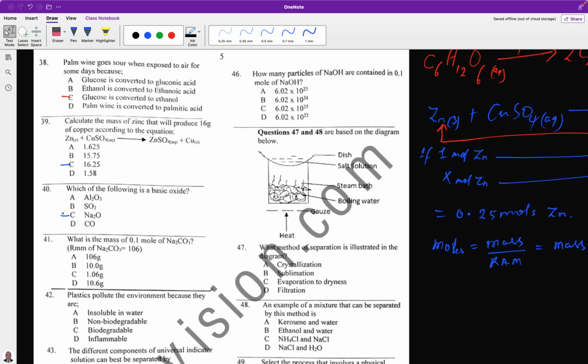The mass will be moles times the relative molecular mass, which is 0.1 times 106.